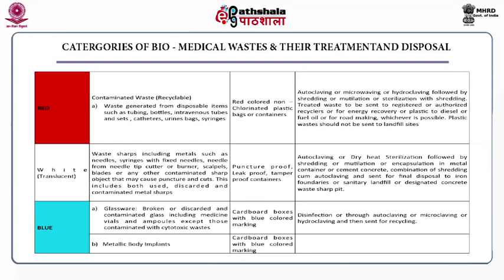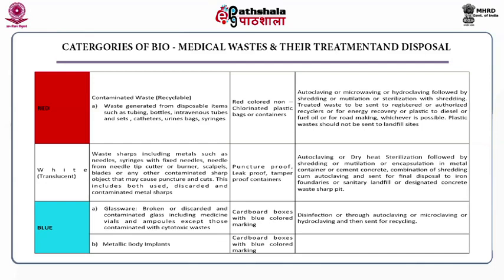In white category, waste sharps including metals such as needles, syringes with fixed needles, needles from needle tip cutter or burner, scalpels, blades or any other contaminated sharp object that may cause puncture and cuts. This includes both used, discarded and contaminated metal sharps. For that, puncture proof, leak proof, tamper proof container should be used.